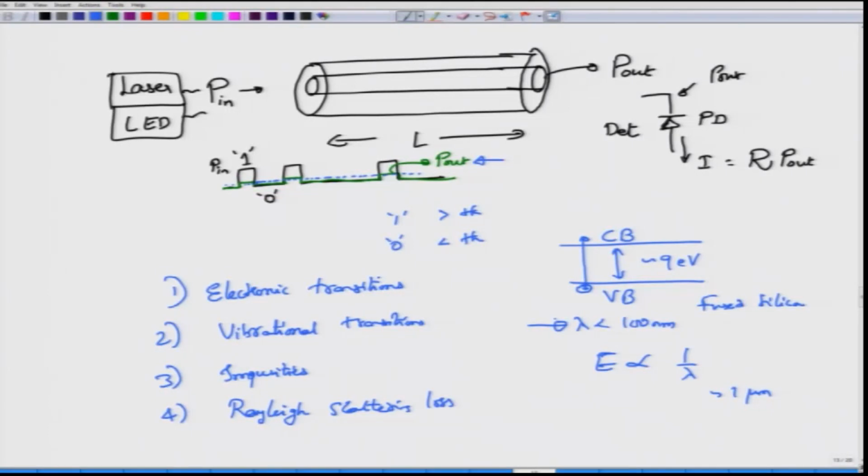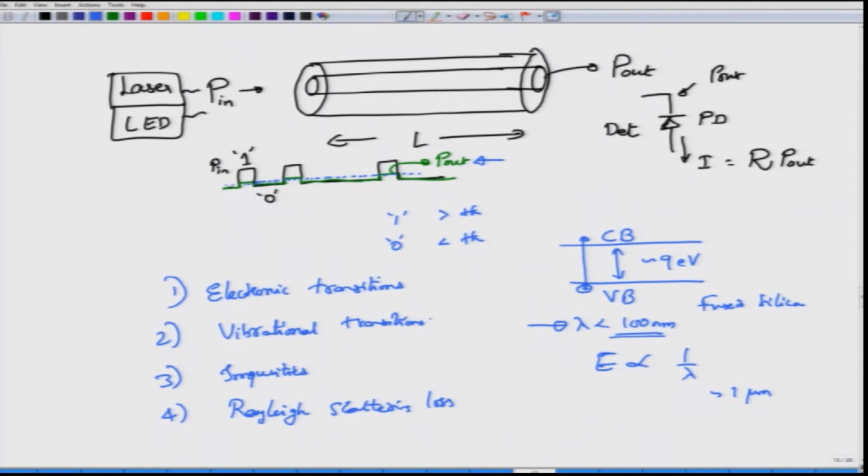So this electronic transition induced loss is mostly in the ultraviolet regime, not really in the infrared regime. There are very few applications, at least that I am aware of, where light is less than 100 nanometers, and we do not normally communicate at this wavelength. So we do not really worry about electronic transitions.